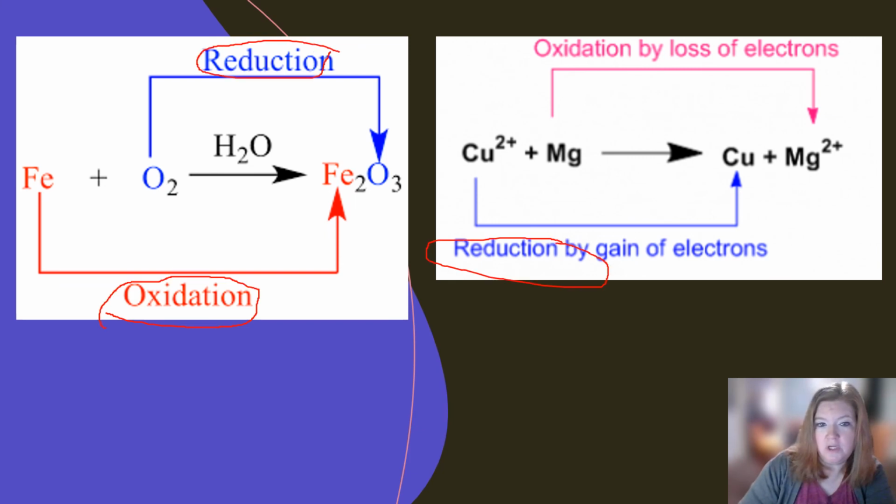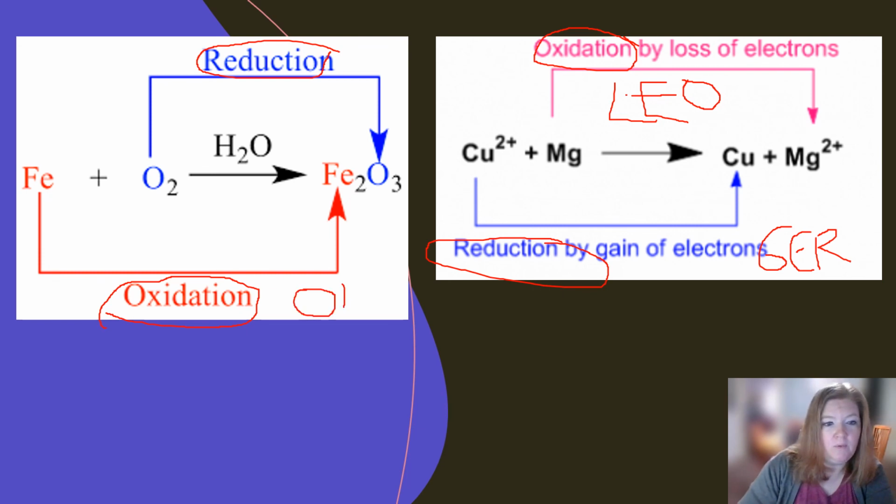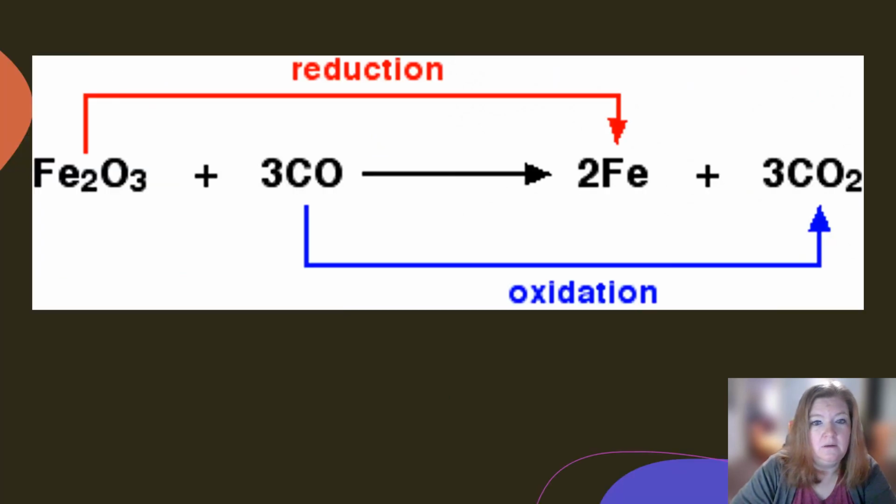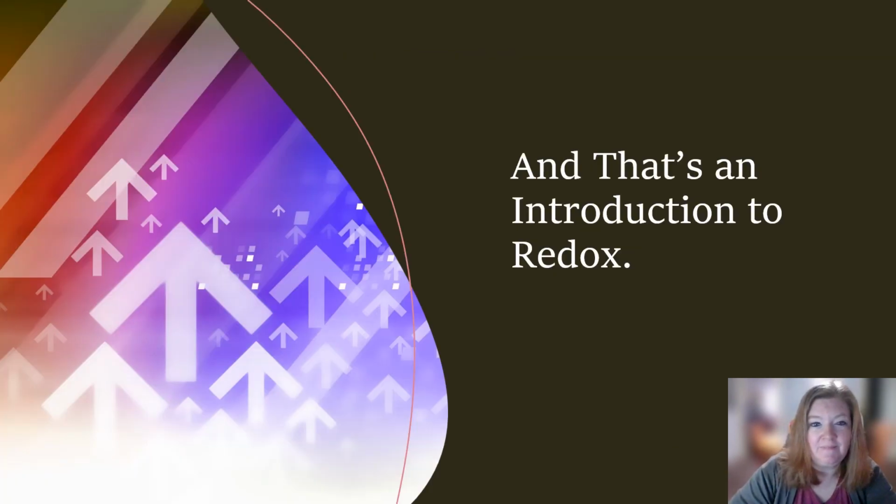And remember, Leo, loss of electrons is oxidation, says grr, gain of electrons is reduction, or oil, oxidation is loss, rig, reduction is gain. Okay. Again, in a reaction, one thing goes through oxidation and one thing goes through reduction. Together, that makes a redox reaction. And we're going to learn a lot more about these. So that is just your introduction to redox. I hope you learned something new.